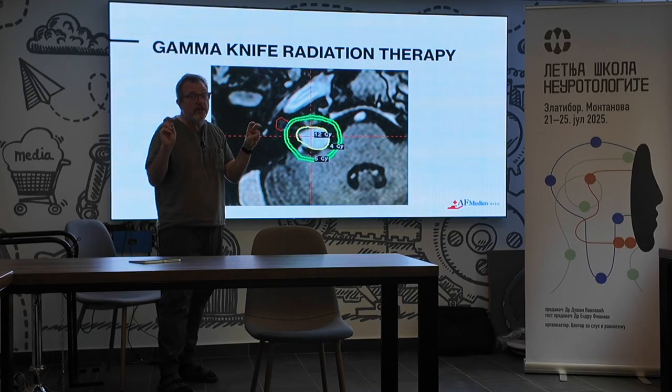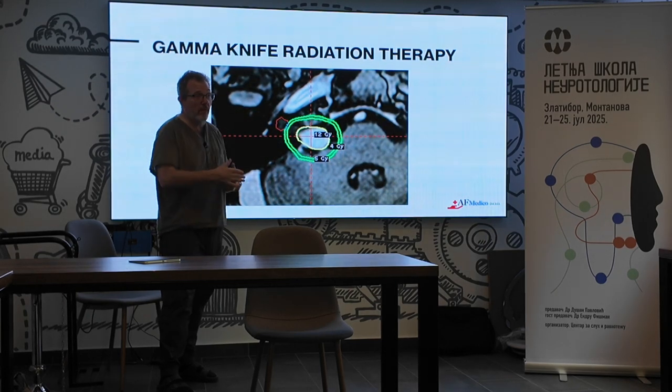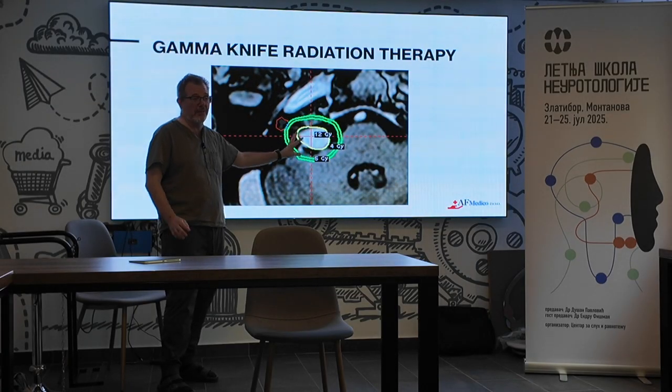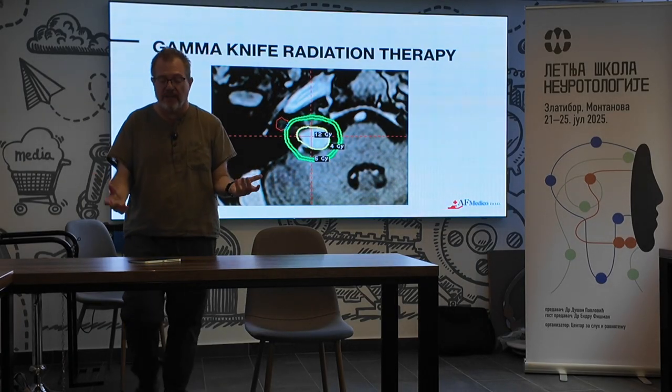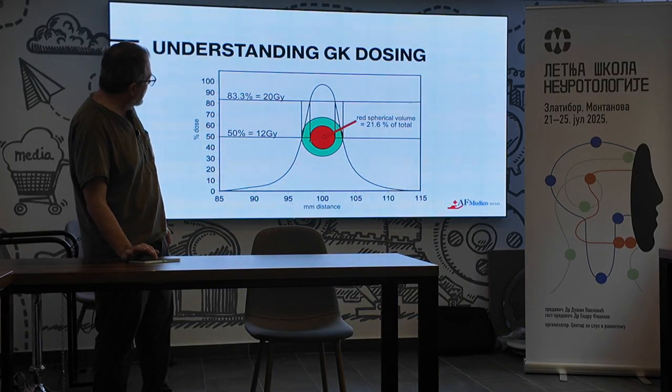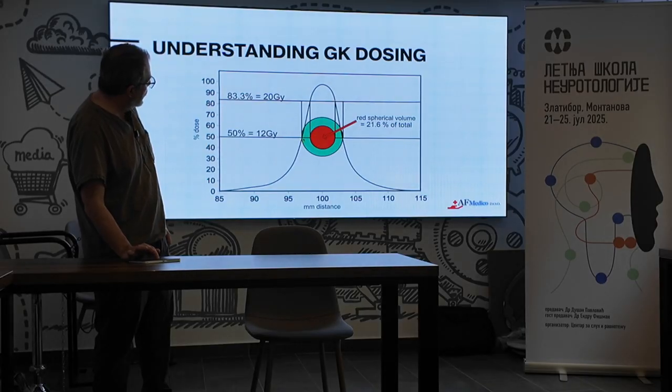So the preservation of hearing with Gamma Knife is actually not so good over a long period of time. But you see from this that you have to have almost an ideal situation to not give a toxic dose to the cochlea.